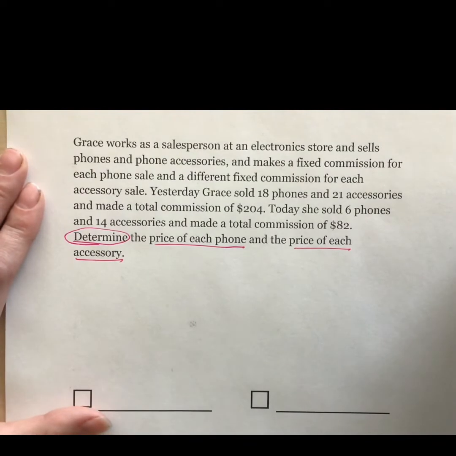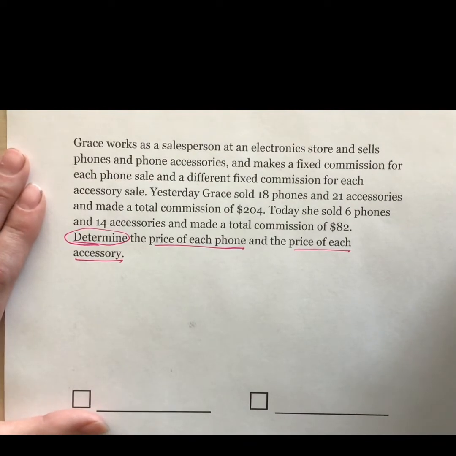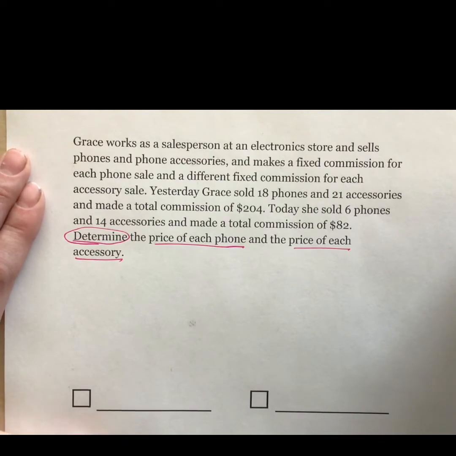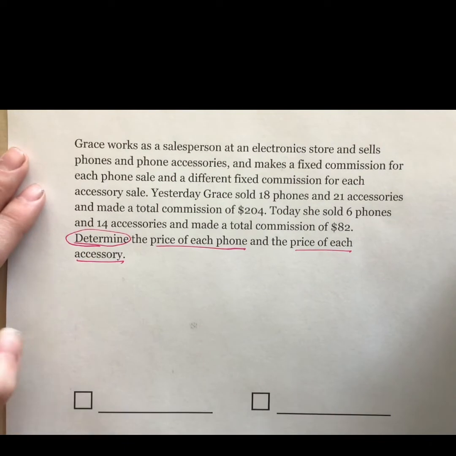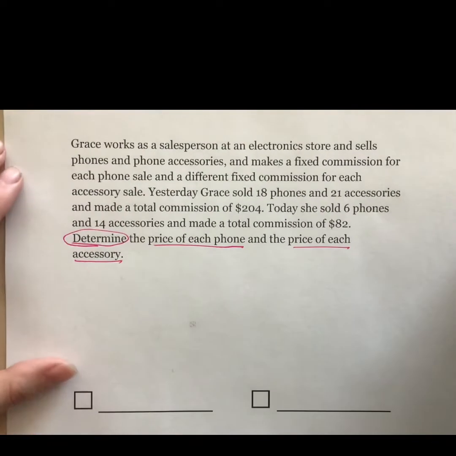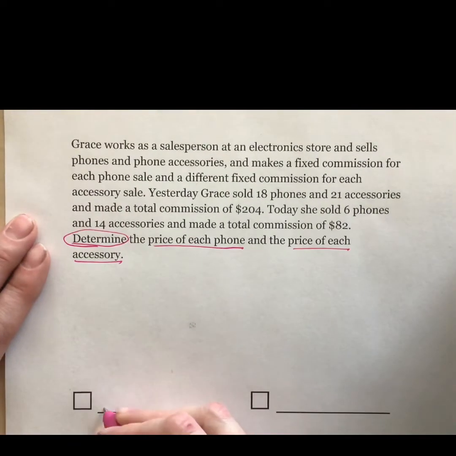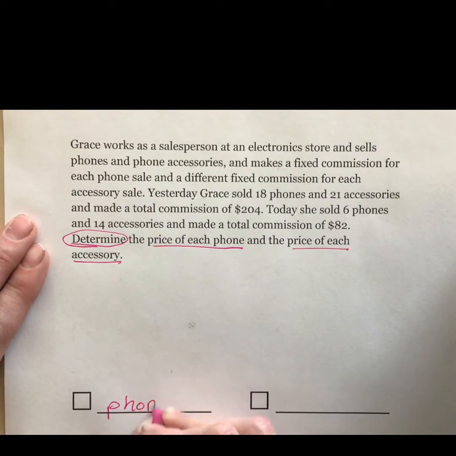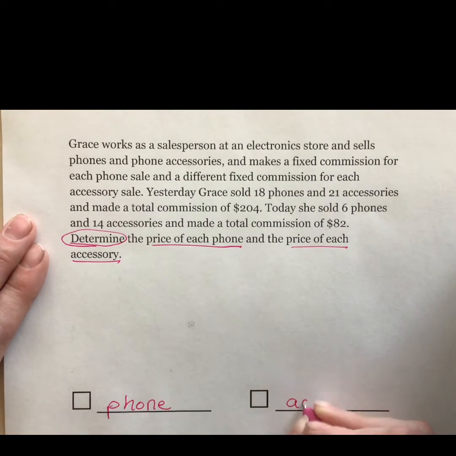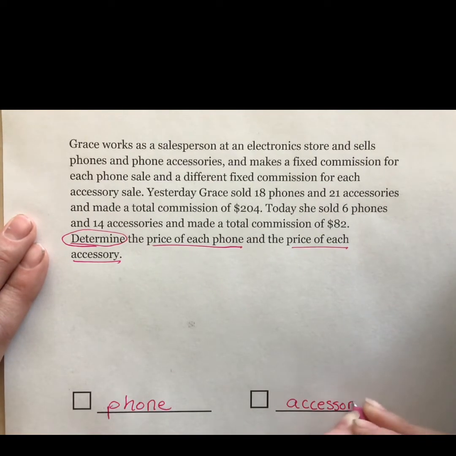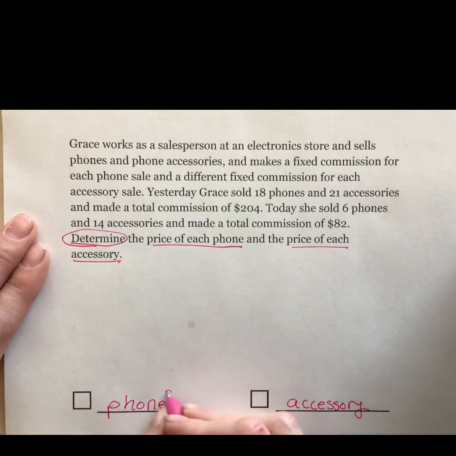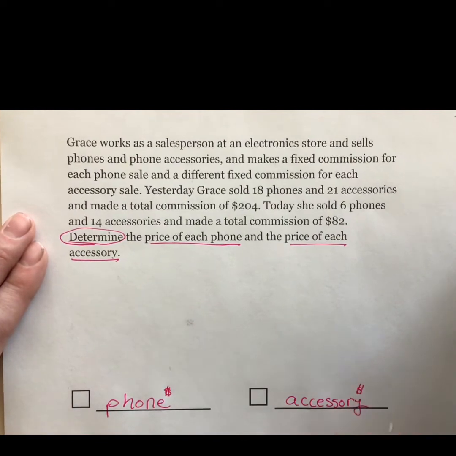When we're talking about the price, we're specifically looking at the price of the commission, not the total amount that a customer would buy the phone or the accessory for. So we know we're trying to find the phone and the accessory. And that's in dollars, so I'll note that there.